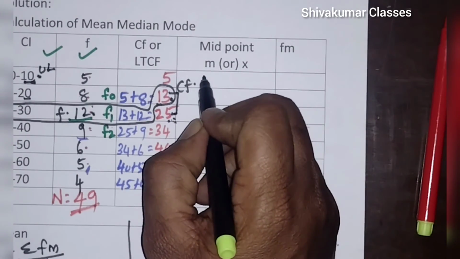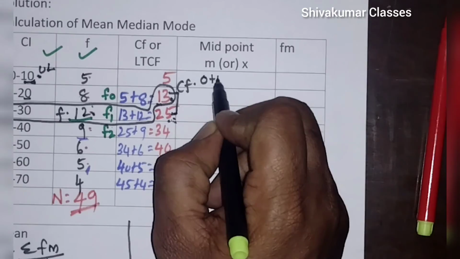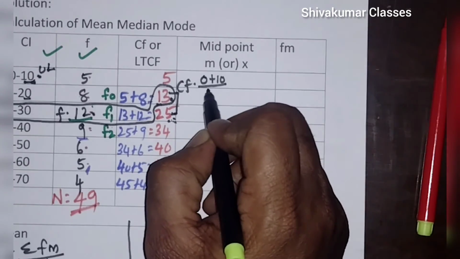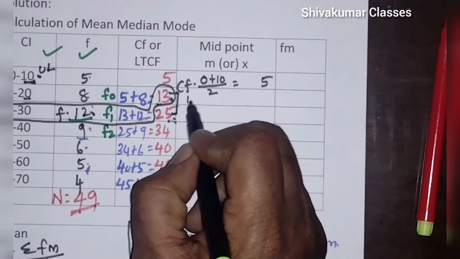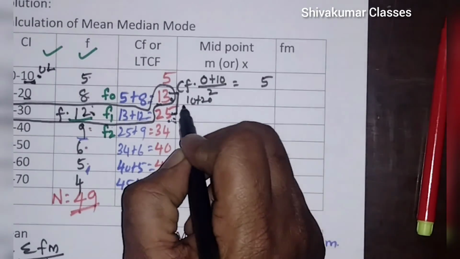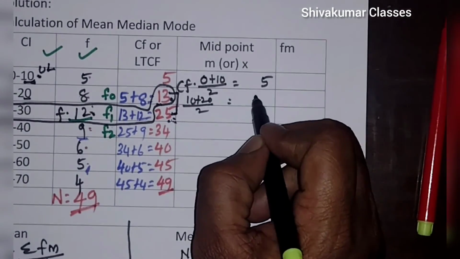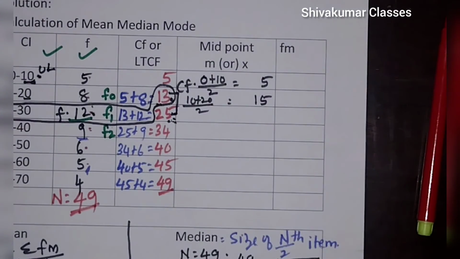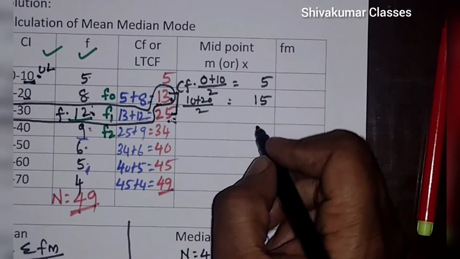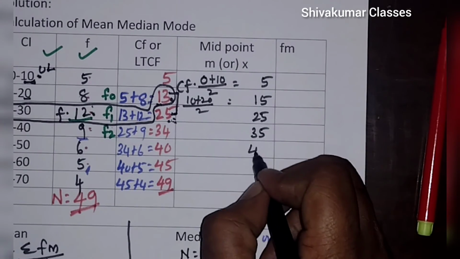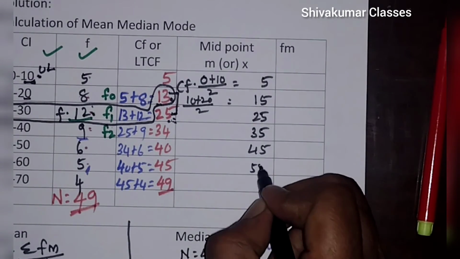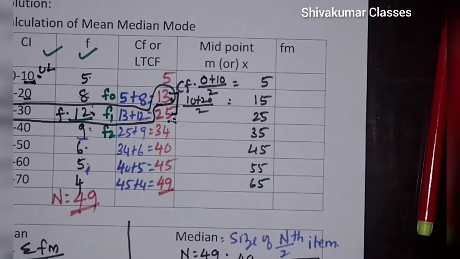It's very simple: lower limit plus upper limit divided by 2. 10 plus 20 divided by 2, you get 15. Henceforth you will get 5, 15, 25, 35, 45, 55, 65.